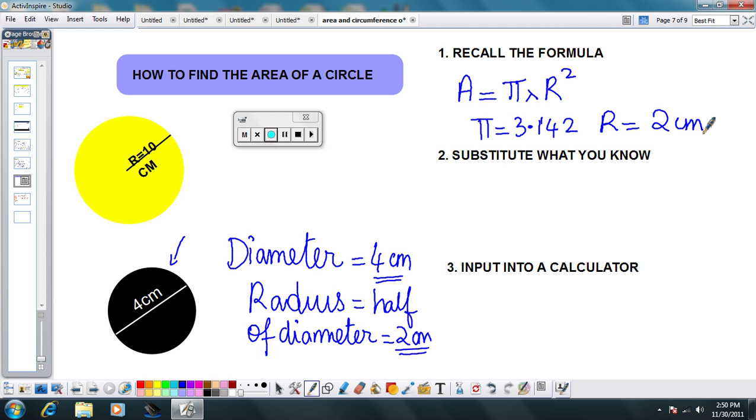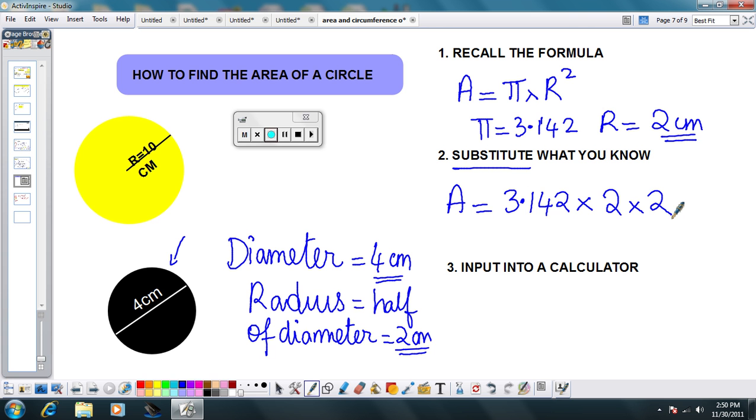So what we need to do is half it. So r is equal to 2. Now we're going to substitute what we know into our formula. So we're going to say a is equal to 3.142 times r squared, and I know r is equal to 2, so I'm going to do 2 times 2, because squared means multiplying the number by itself twice.